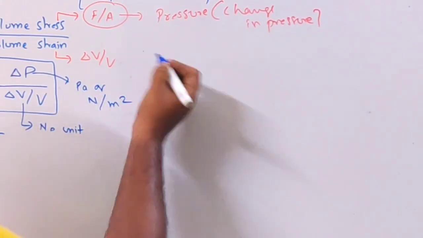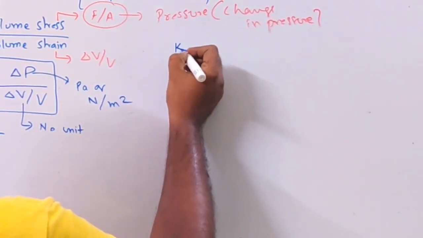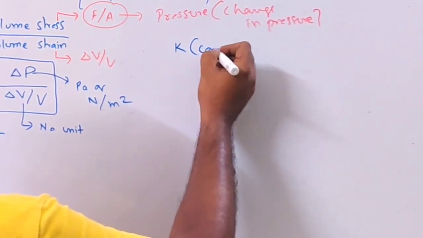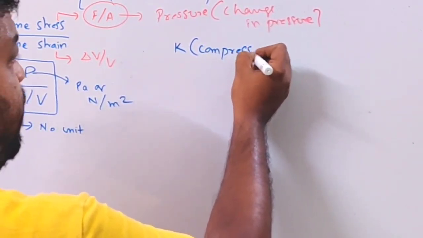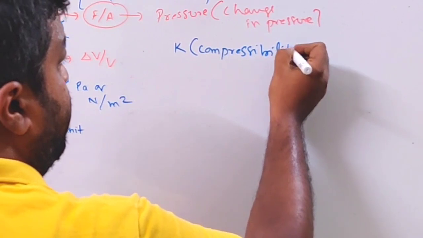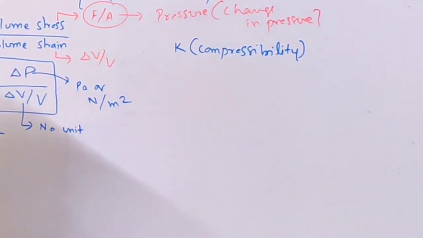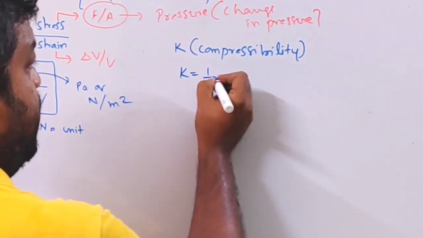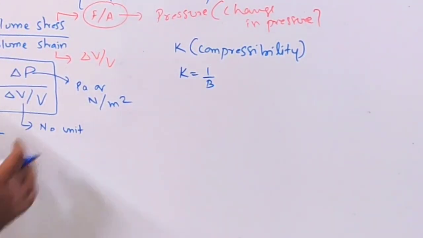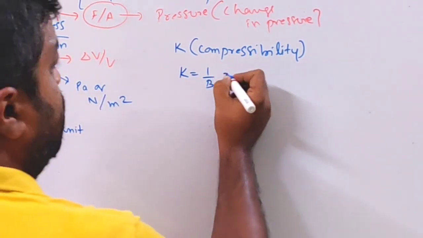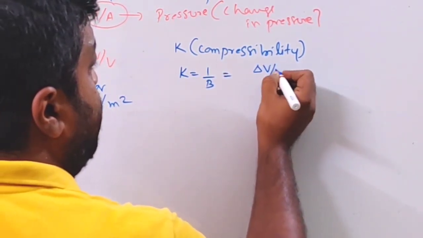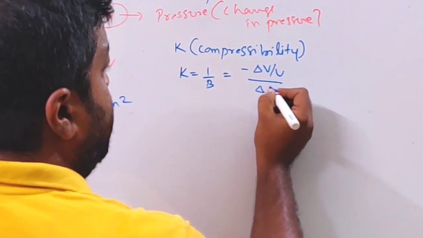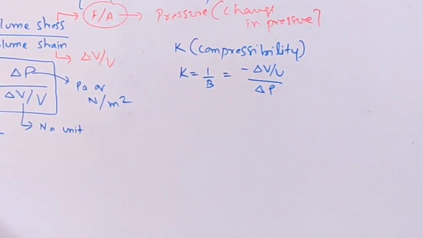The reciprocal of bulk modulus is compressibility, denoted by the symbol K. So K is equal to 1 by B, which is equal to delta V by V with the minus sign divided by delta P.